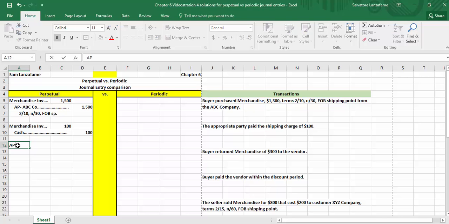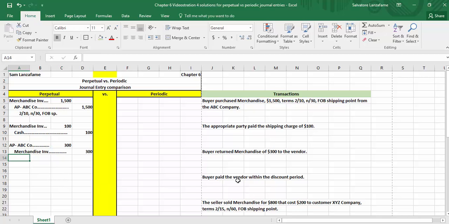So we're going to debit accounts payable, ABC Company, for the amount of the return, which is $300, and then we're going to credit merchandise inventory because we no longer have it. We're returning it. So how do you get rid of an asset? You credit it. You've got to do the opposite of what you did when you acquired it.